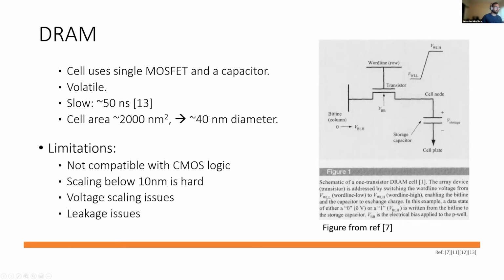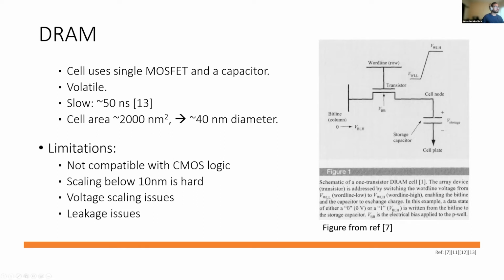There's also some voltage scaling issues. As you go lower in size, there are some leakage problems between the word line row and the actual capacitor when it's discharged. So yeah.